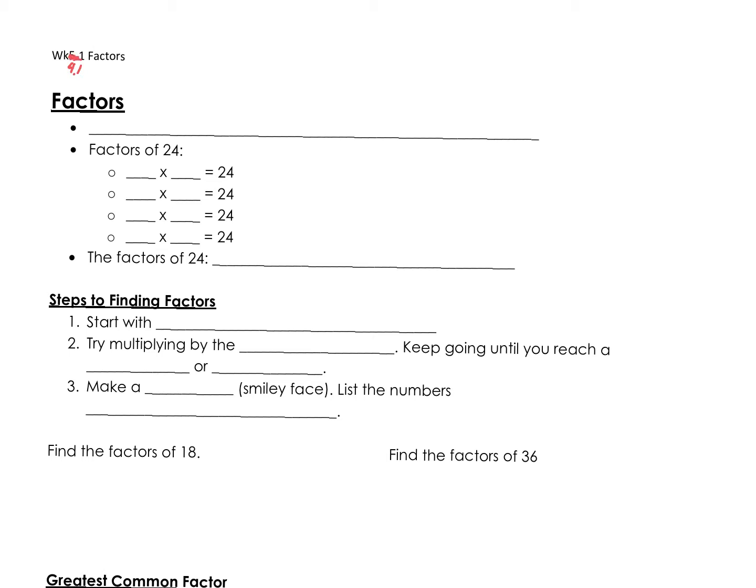Well, factors have to do with multiplication. A factor times a factor equals the product. Factors are what you multiply to get a product.